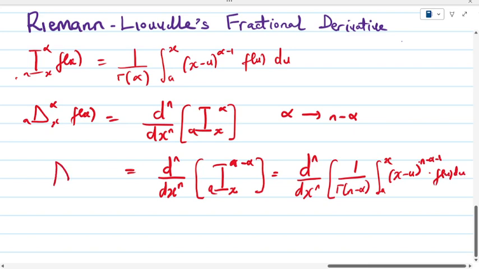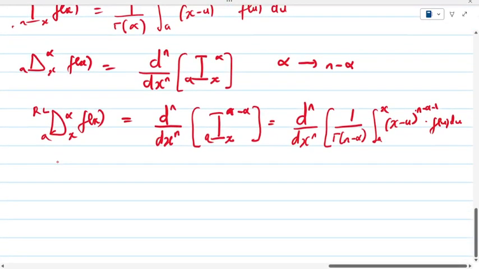So this is what we call the Riemann-Liouville fractional derivative. Riemann-Liouville's opinion is that we first find the integration of the function, then we can later find the differentiation, then we have our fractional derivative.